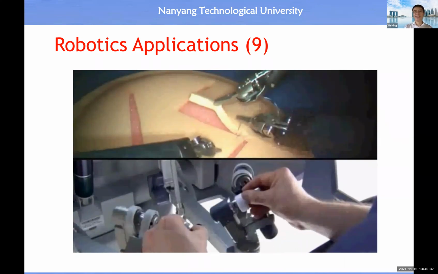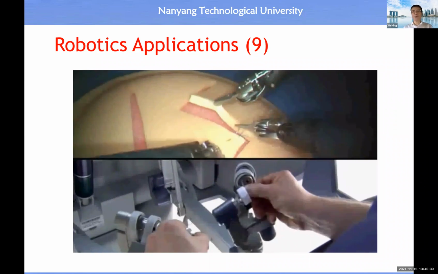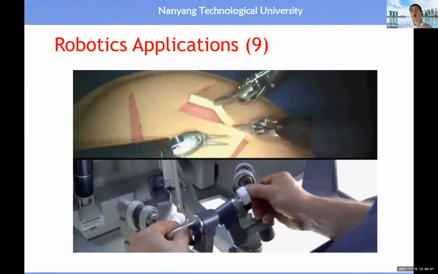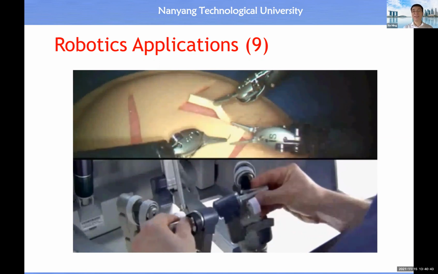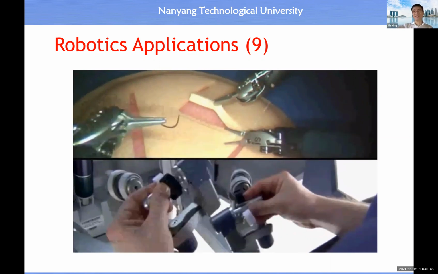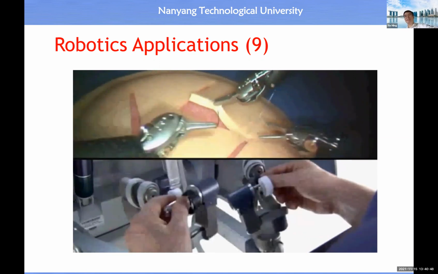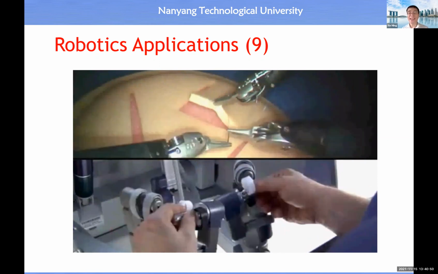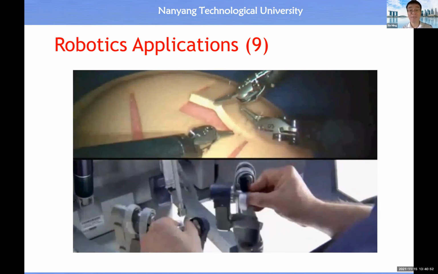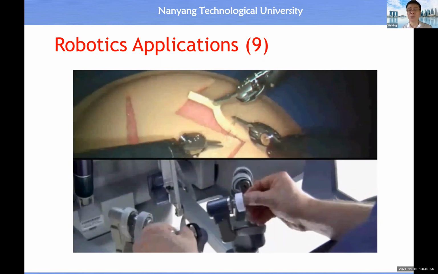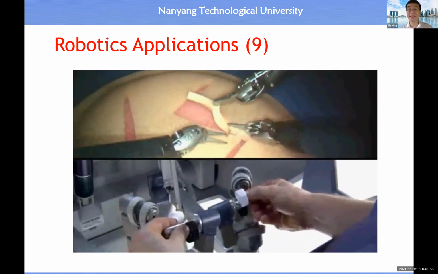So you will see the doctor will output his or her intended motion, then remote the robot, or you can call them a puppet in the older term, okay? It just performs the intended motion instructed by the doctor, all right?